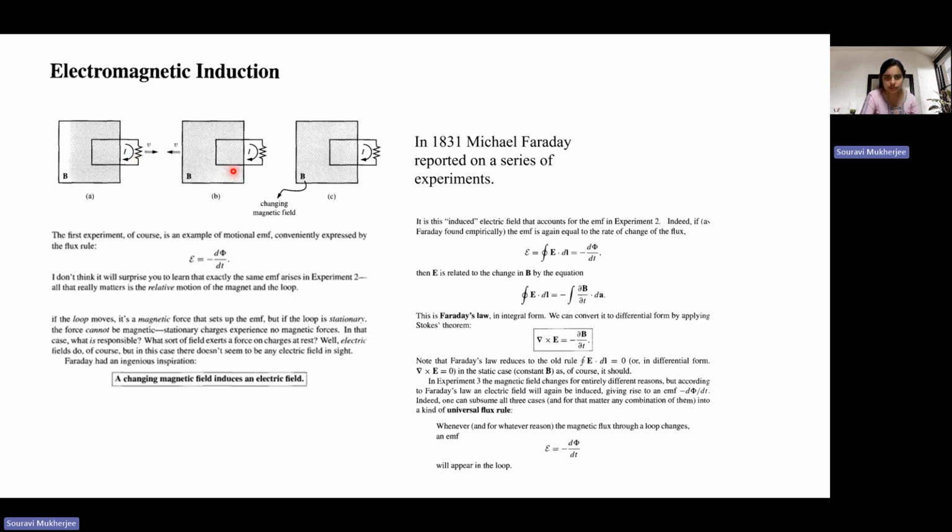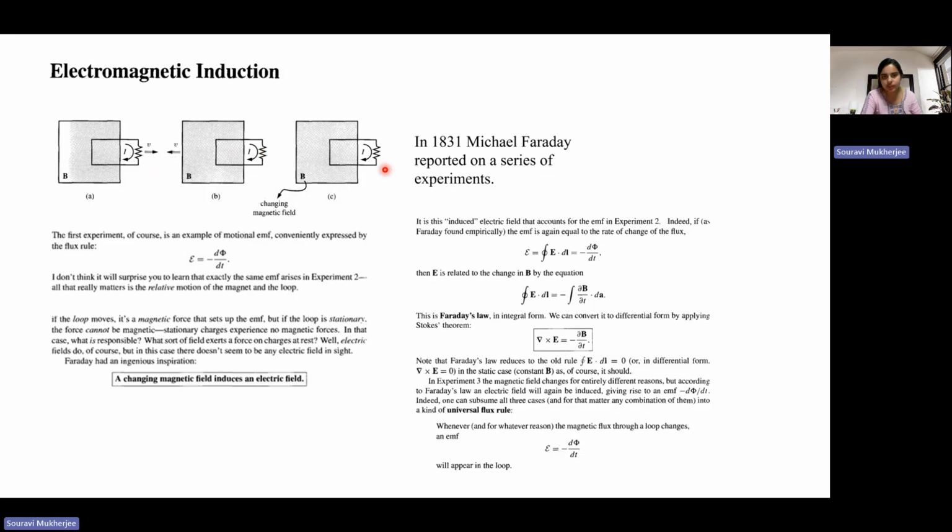But in this case, there's no moving charge. There are stationary charges here because you're not moving the loop. You are just changing the region of magnetic field. So the magnetic flux does change. This again hints at the fact that the magnetic flux has something to do with the current that gets generated, and not just the motion of the conductor.